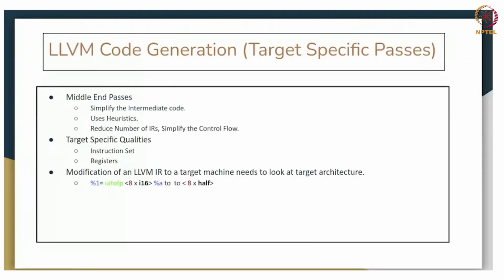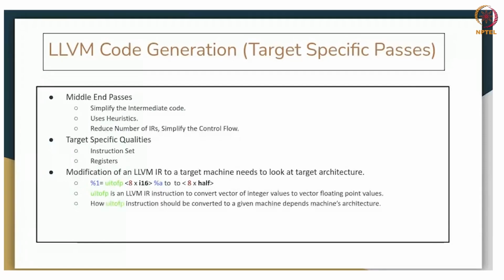The %1 is a virtual register in LLVM. So UI2FP is an LLVM IR instruction to convert a vector of integer values to a vector of floating point values. How this instruction should be converted for a given machine depends on the machine's architecture and its instruction set. If you look at an ARM machine, the corresponding instruction is UCVTF, and you have to map it to that instruction.